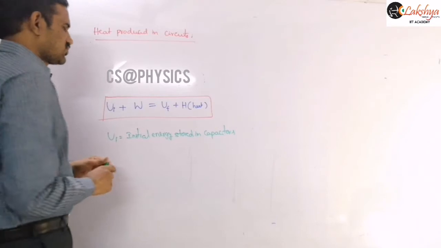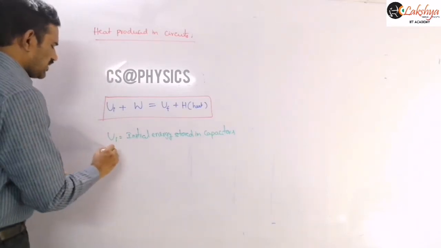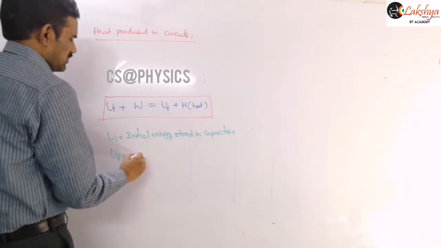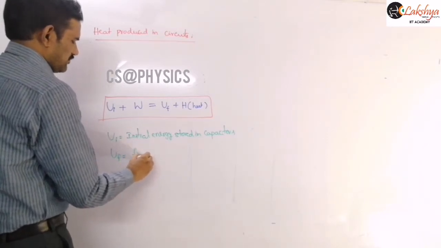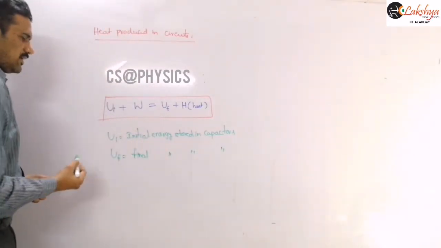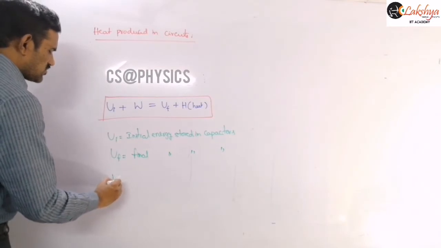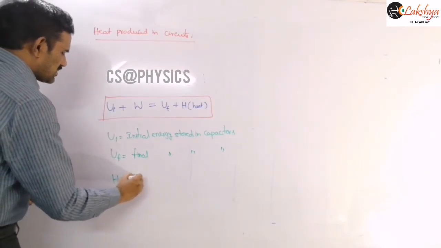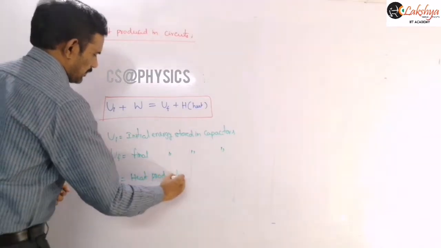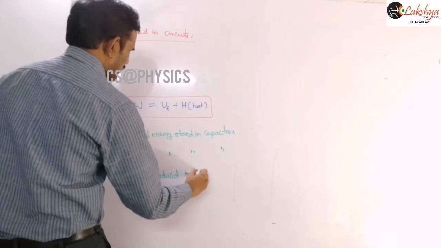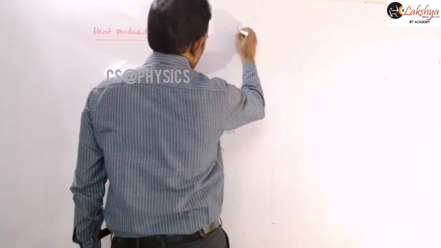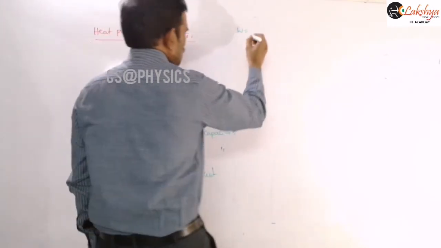So that is the initial energy stored. Next, U final is the final energy stored in the system, that is, in the capacitors. Next, H is nothing but the heat produced in the circuit. And next, this W is the work done.